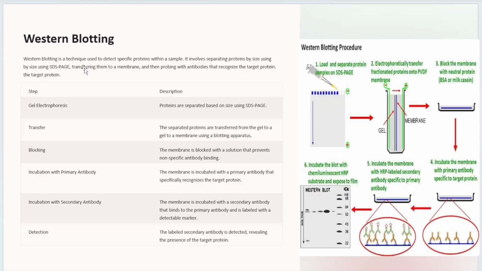And here protein gets separated based on their size and charge. Once they are separated, again we are transferring it to the membrane, the nitrocellulose membrane, and then we have a chamber where we keep the grids and make it easy for the transfer of the protein. So once the protein is transferred, the nitrocellulose membrane is now ready.